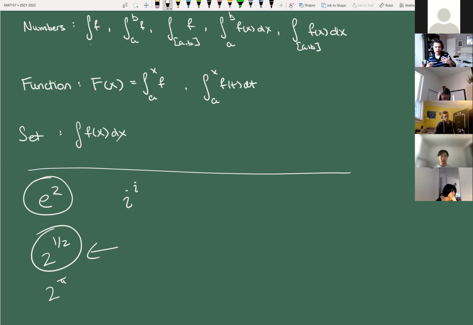So the question I have is, what do we consider to be real exponentiation? Is this real exponentiation? Is this real exponentiation? Where do we draw that line? You could make an argument that the only exponentiation which is real is if you take a real number to the power of a positive integer.